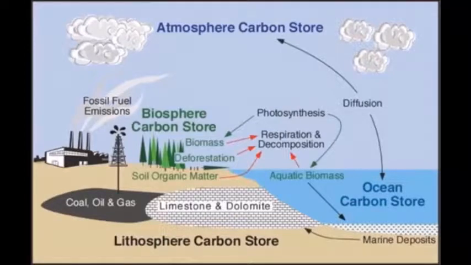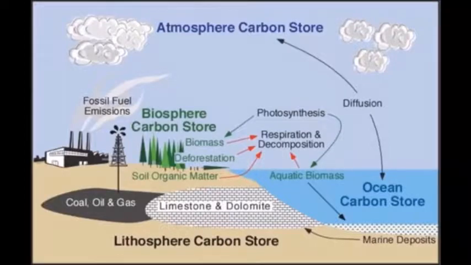Decomposers break down the dead and decaying organic matter and release carbon dioxide. Some carbon dioxide is returned to the atmosphere via the burning of organic matter or forest fires. Carbon dioxide trapped in rock or fossil fuels can be returned to the atmosphere via erosion, volcanic eruptions, or fossil fuel combustion.